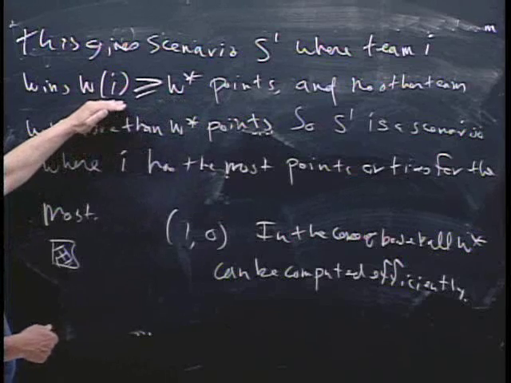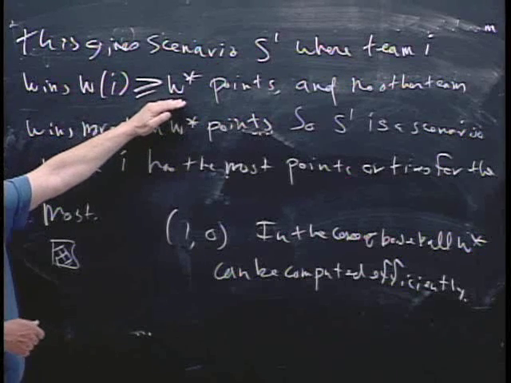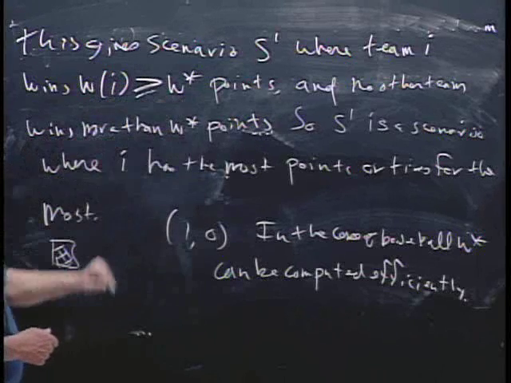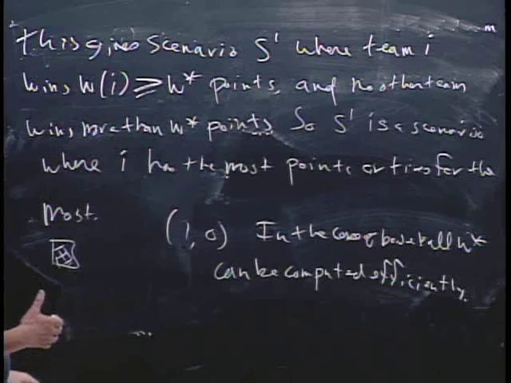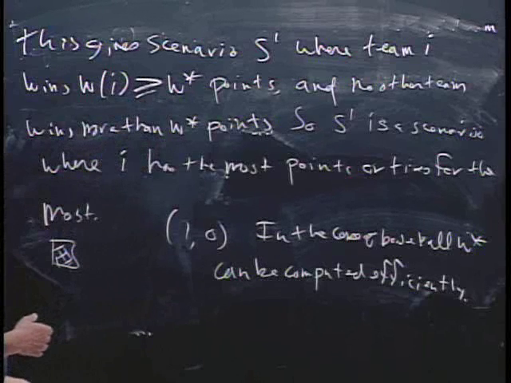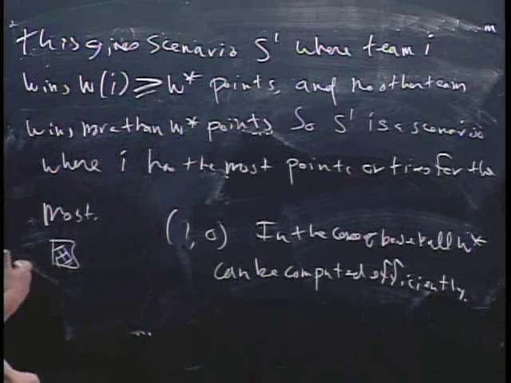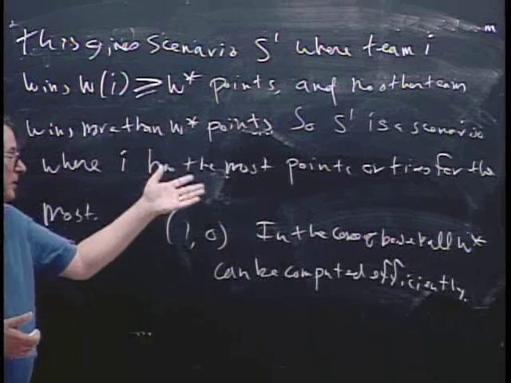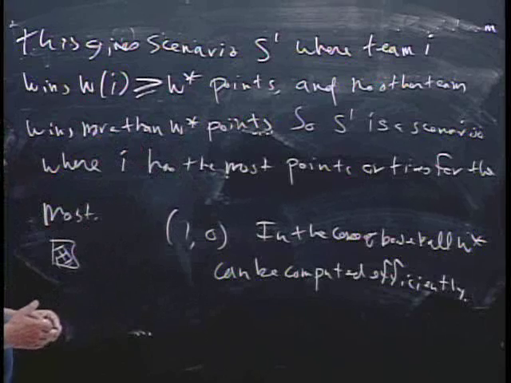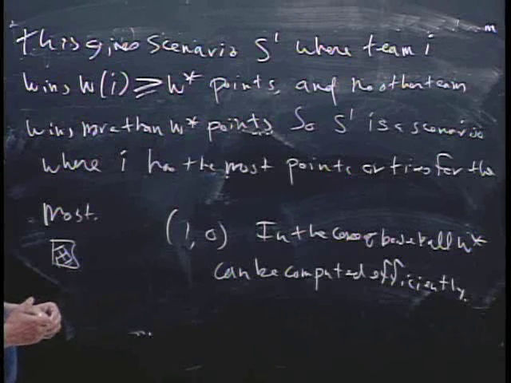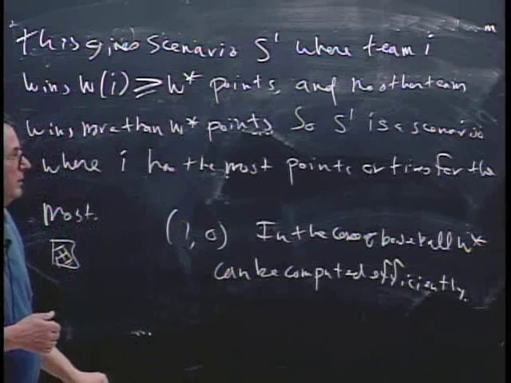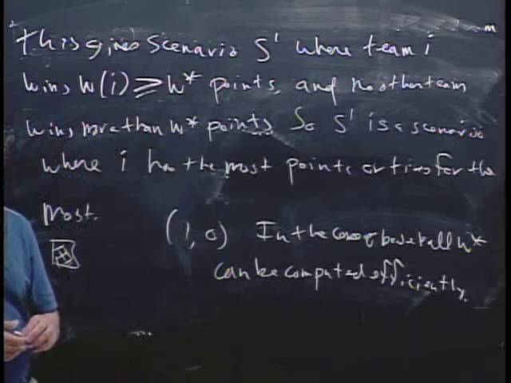So if it happens that Wi is strictly bigger than W star, then we have in our hands a scenario, S prime, where team I is the undisputed winner. So this proof, as a consequence, proves that if Wi is strictly bigger than W star, in fact there is a scenario, S prime, where team I is the strict winner.